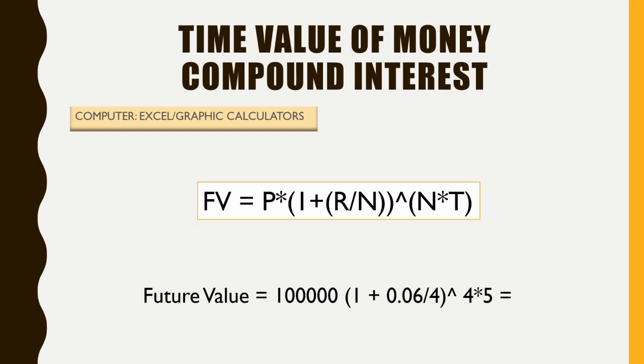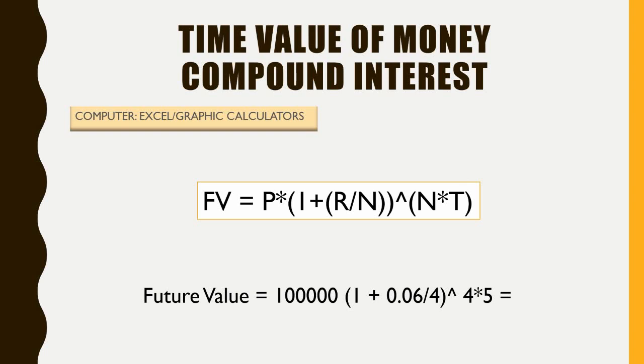You do the asterisk or the star. So if you have a number keypad, you'd be able to do all this right here. So the star, then you have to do your parentheses. It's important that you count the number of parentheses that you put into your formula, because if you miss one parentheses, again, you will mess up your formula. So it's important that you say parentheses 1 plus parentheses r divided by n parentheses, and this is a caret.